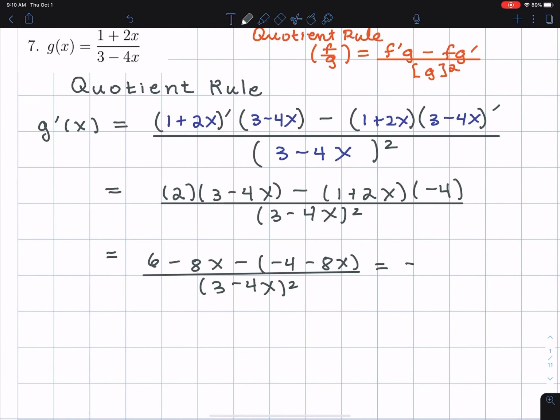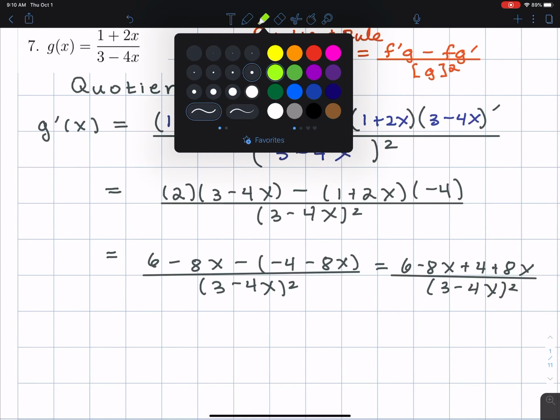So now I'm going to work on distributing and combining like terms. I do see that a couple of these things cancel out.